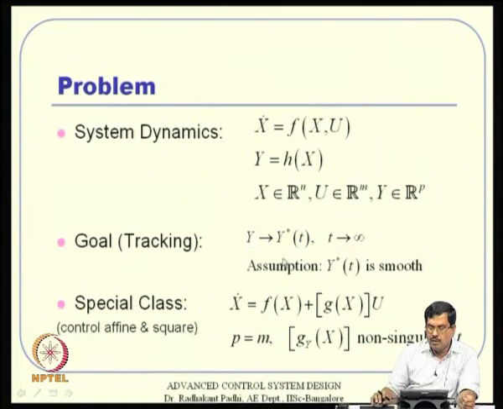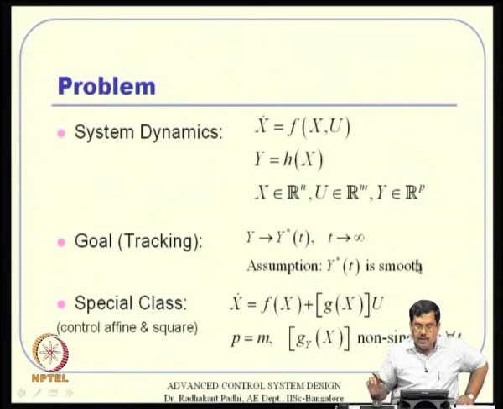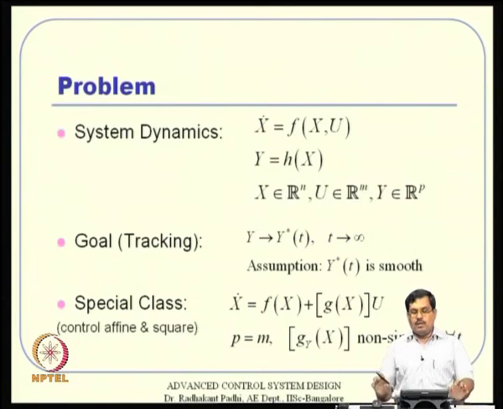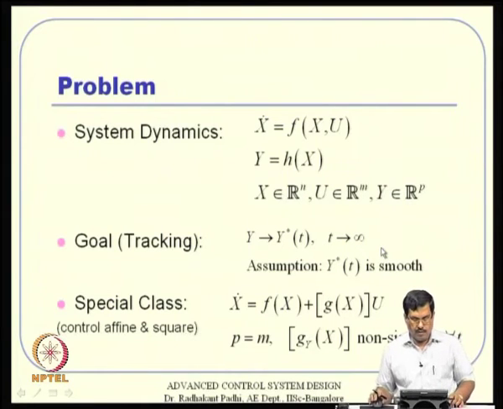The goal of tracking is like this: y should go to y star of t as t goes to infinity, where y star of t is the desired or commanded output. The assumption here is that y star is smooth. That means if I plot y star of t versus t, I should not see any corner points. At least it should be smooth to the first order derivative sense, the first order derivative should be continuous.